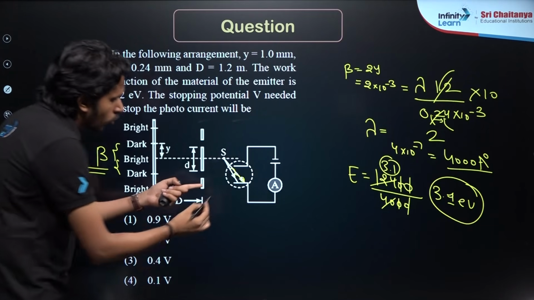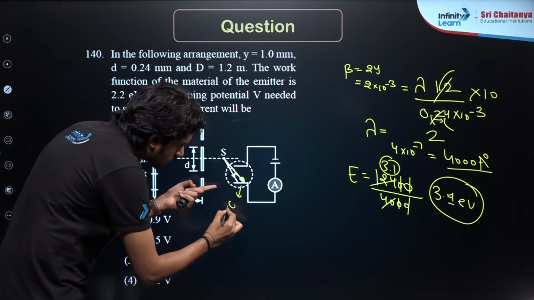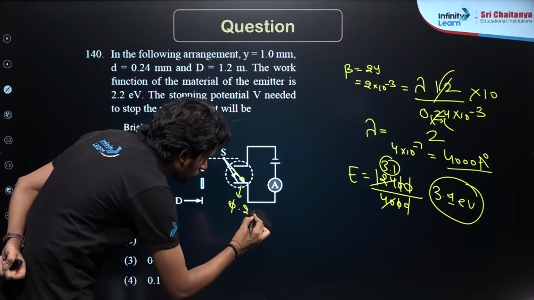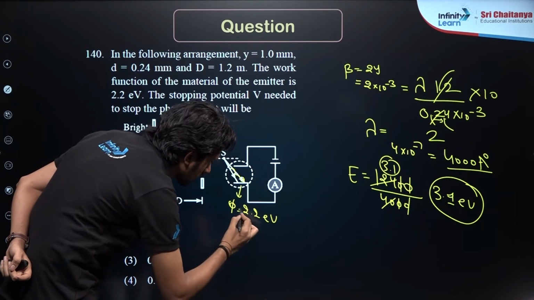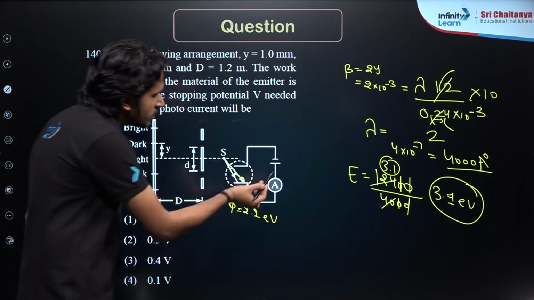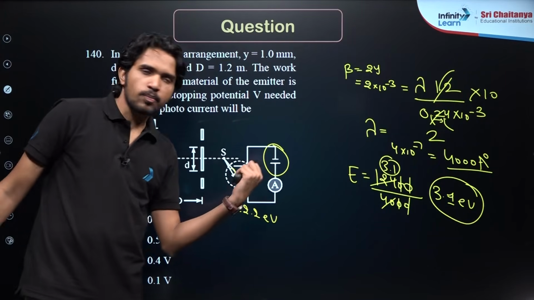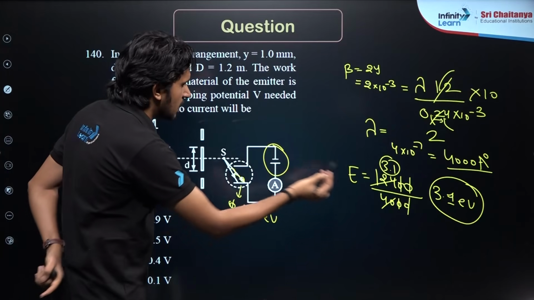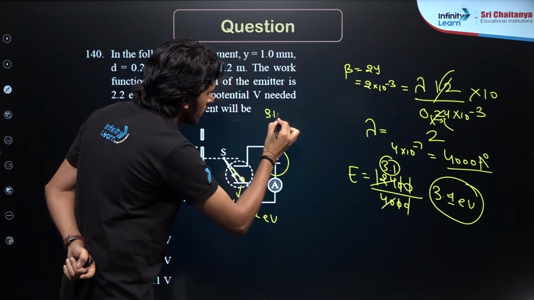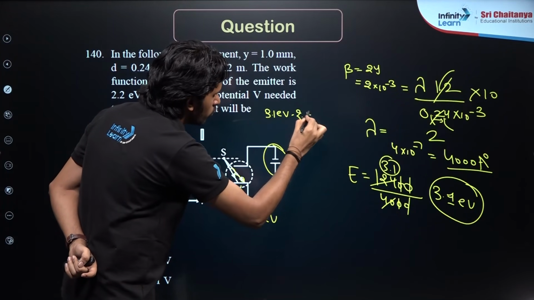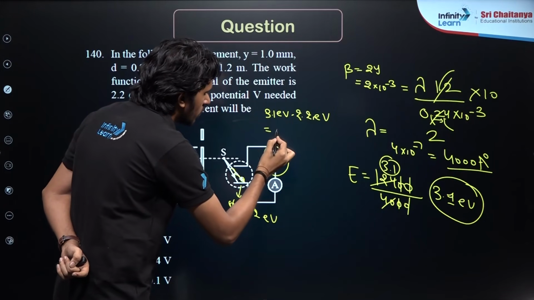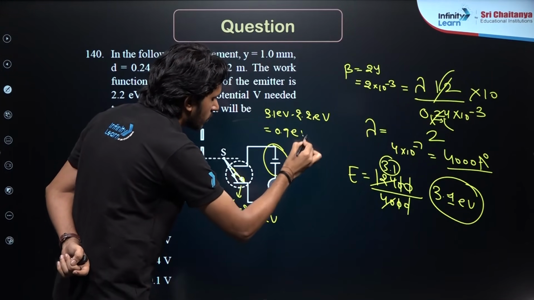What is the work function? The work function for this plate is given as 2.2 electron volts. Now how much potential do I need to apply? I need to apply energy equal to 3.1 electron volt minus 2.2 electron volt to stop the process. So that amount equals 0.9 electron volt.